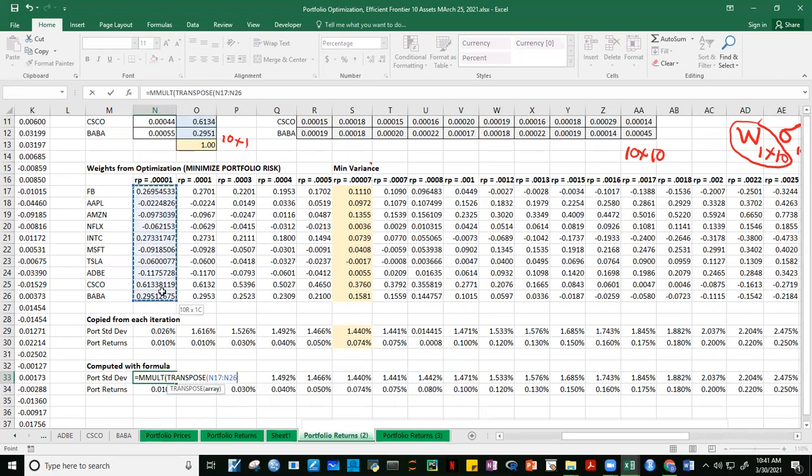Ito gagamitin natin ha. Weight matrix natin and the weight times the variance covariance, var covar. Tapos, another M-molt, yung parang yung kanina. And the weight matrix.